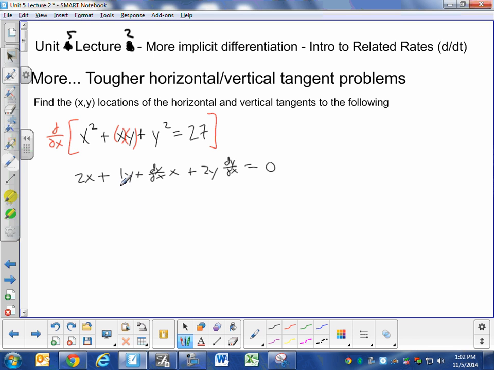Subtract 2x, subtract y. Factor out the dy dx. x plus 2y is equal to negative 2x minus y, so dy dx equals negative 2x minus y over x plus 2y.